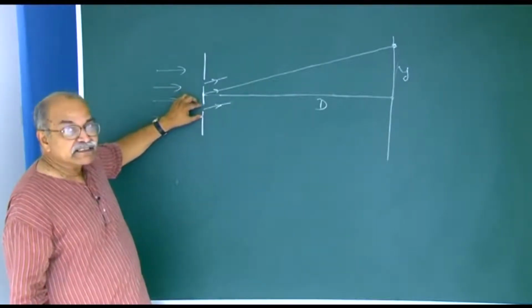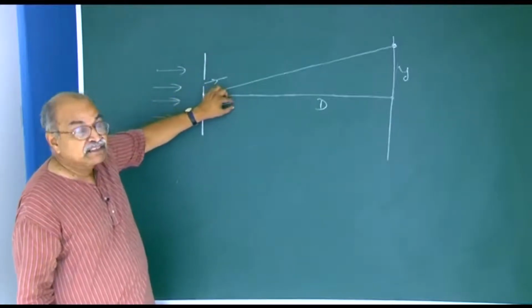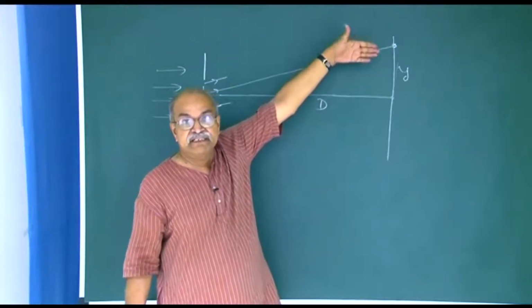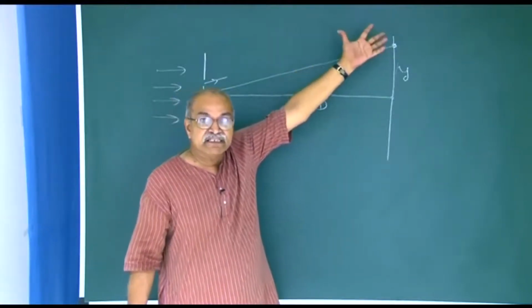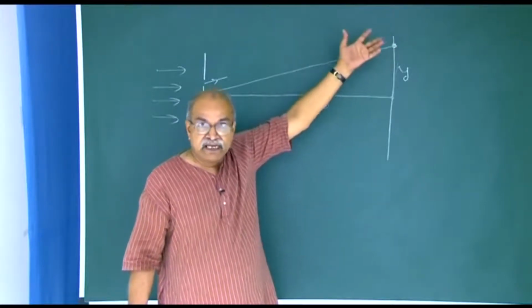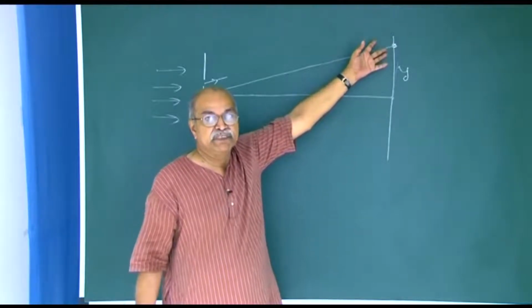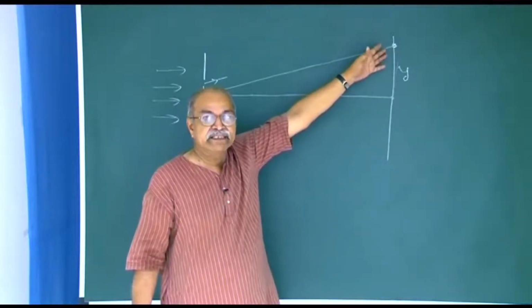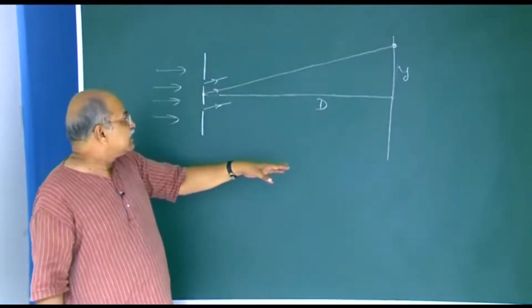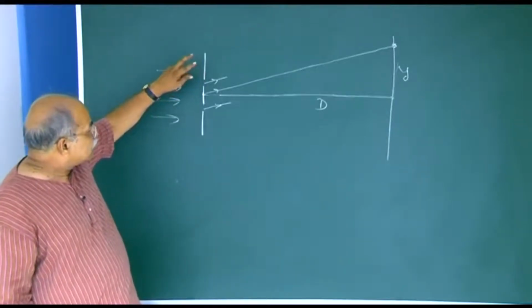of this second slit. But these two wave components which reach there, they also have some phase difference, and they themselves interfere constructively or destructively or some kind of superposition depending on what is the phase difference between the two, and hence the intensity varies on this screen, and that variation is now governed by two parameters or two components.